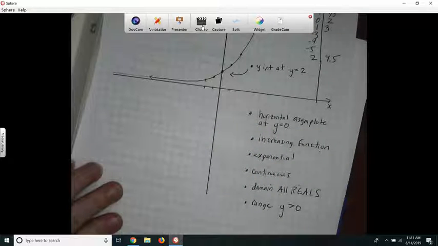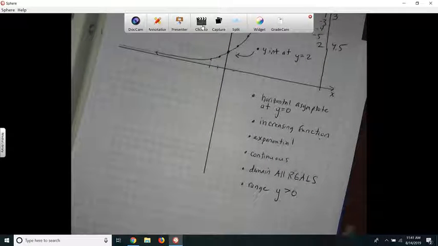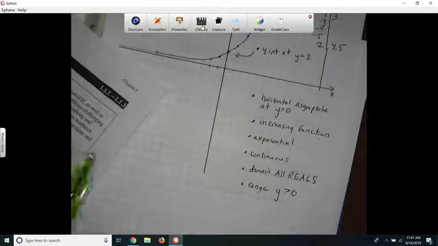And that's because there's no y values below 0. And let's see if that is matching with what they have. Yeah, they said it's exponential, it's increasing, horizontal asymptote, y-intercept, domain. Okay, so that's it.